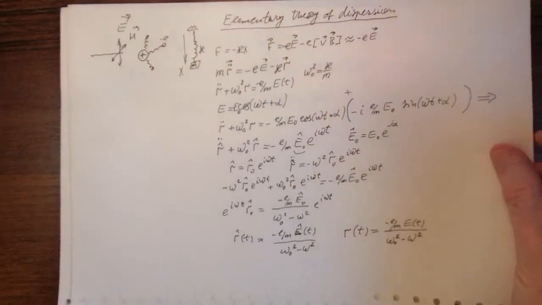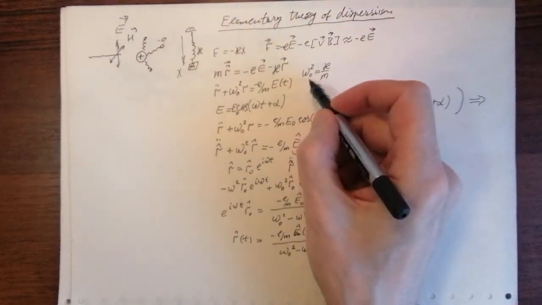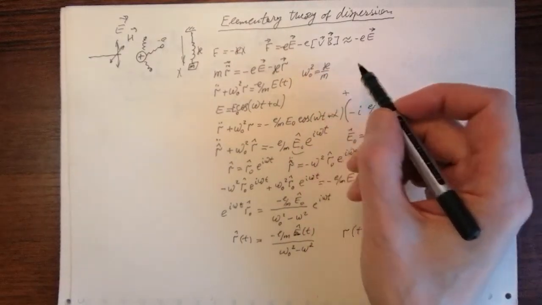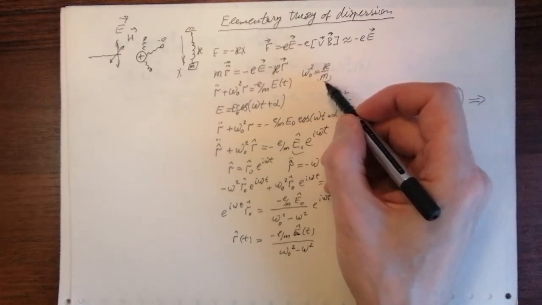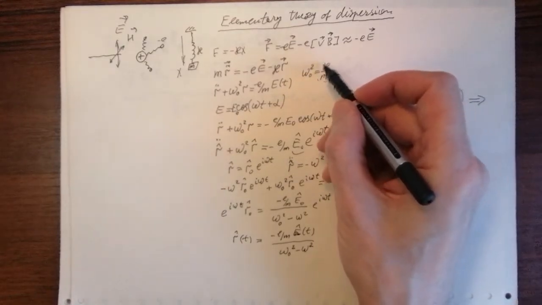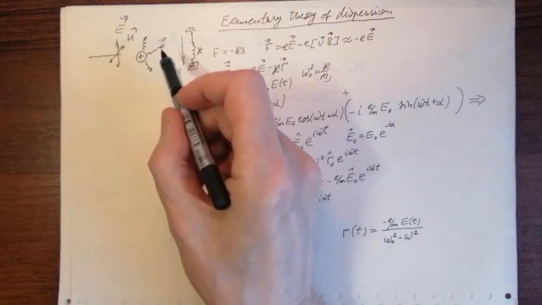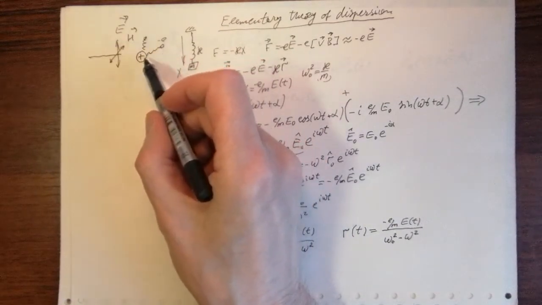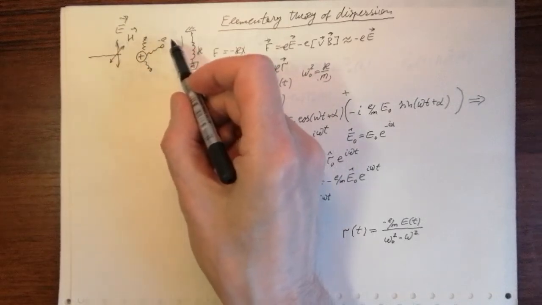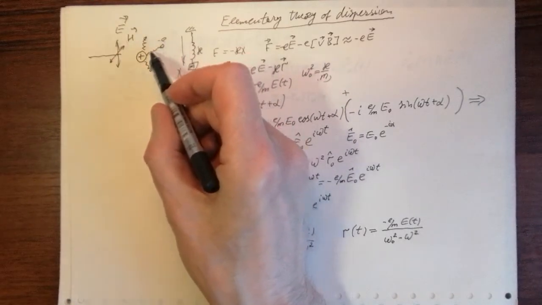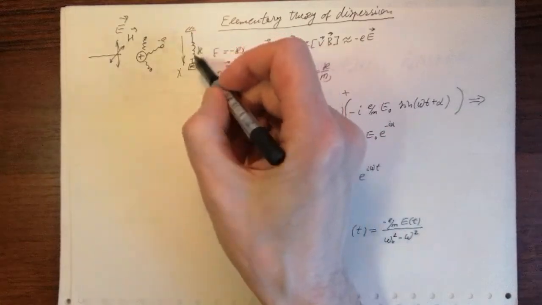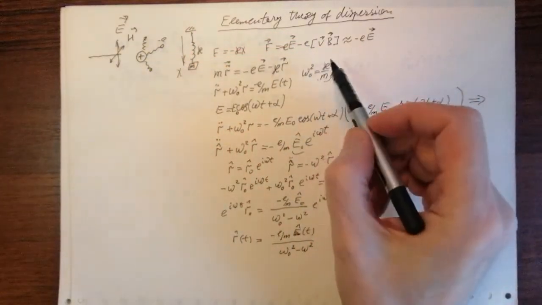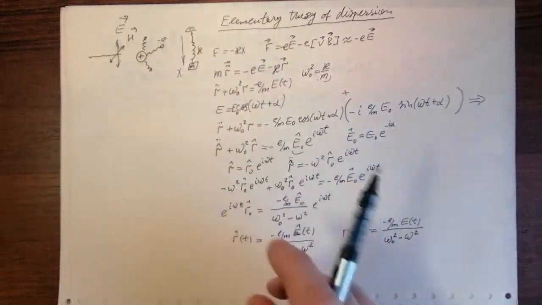This term omega 0 can be different for each of the electrons. m is of course the same for each of the electrons, but this coefficient may be different depending on the distance between the electron and the nucleus in the atom, because the greater this distance, the smaller this force. So it means that this kappa is different for different electrons.